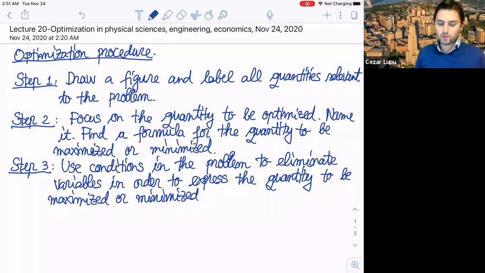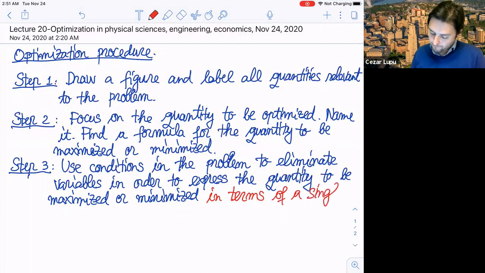And this is important: we would like to express this quantity in terms of a single variable.